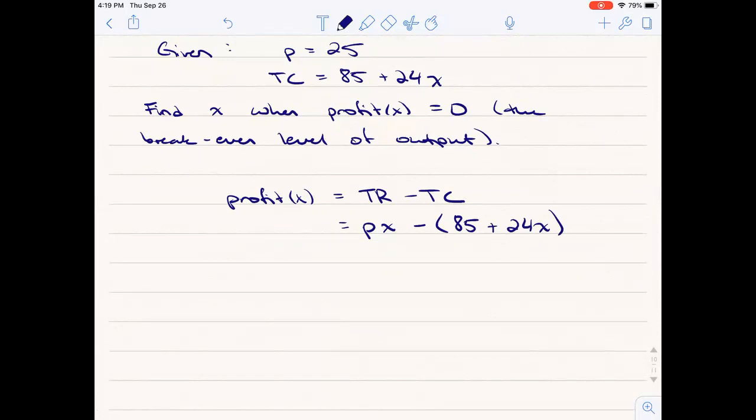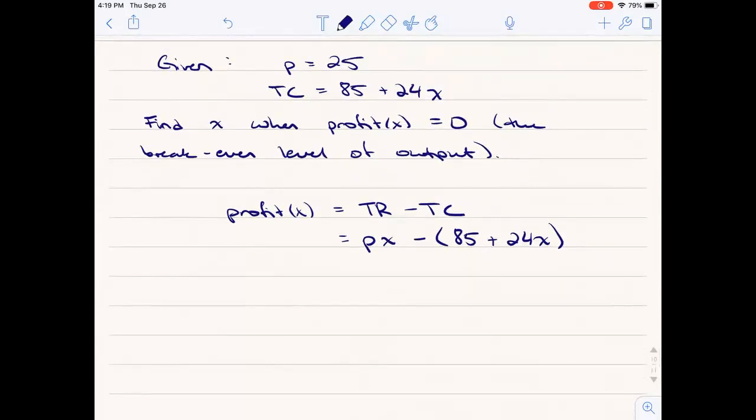But also, if you're given the total cost is 85 plus 24x, what's the fixed cost? 85. What's the variable cost? 24x. What's the cost to produce each item? 24. Right? And so you have all that information.